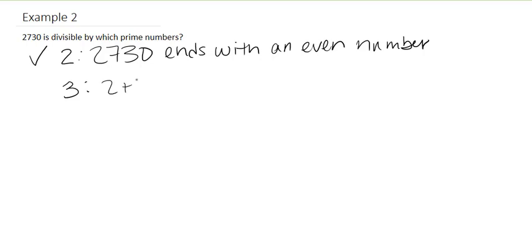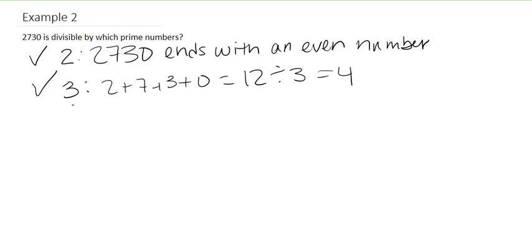So we would add 2 plus 7 plus 3 plus 0, which is equal to 12. Then we would divide by 3 and see if this is plausible, which 12 divided by 3 is equal to 4.